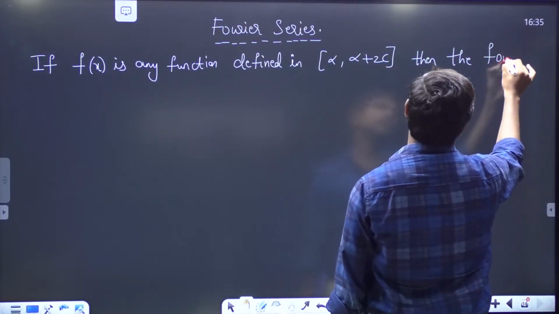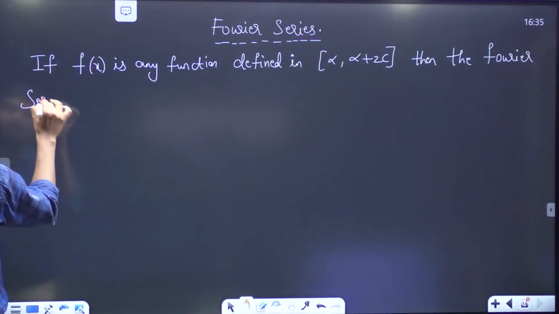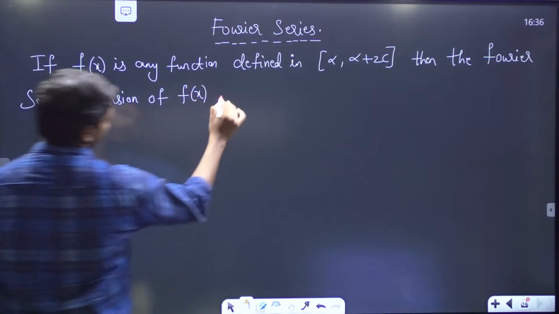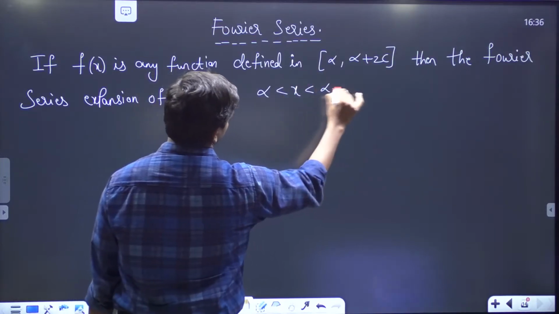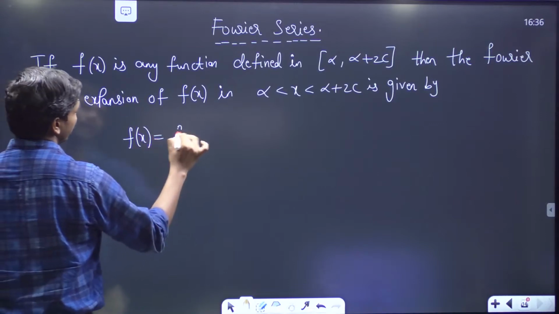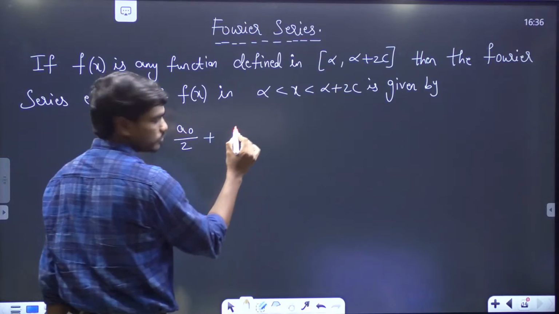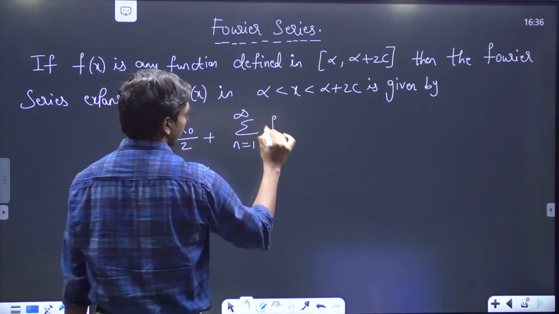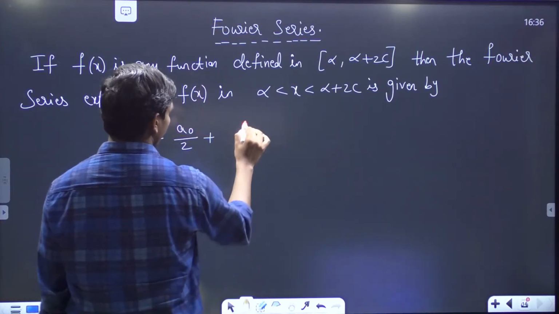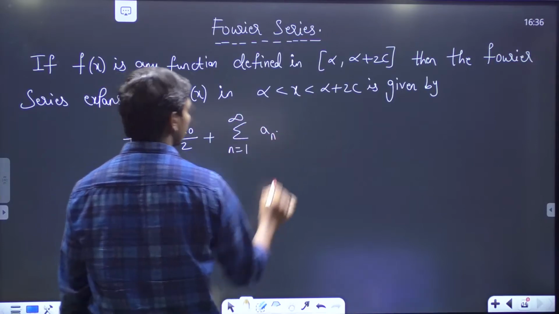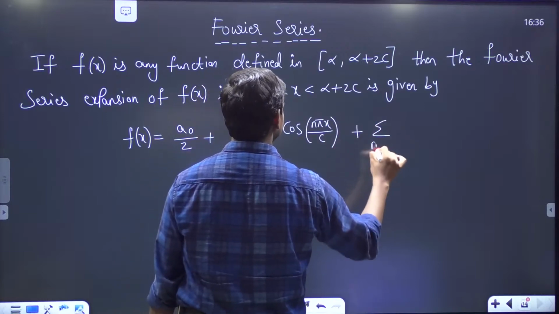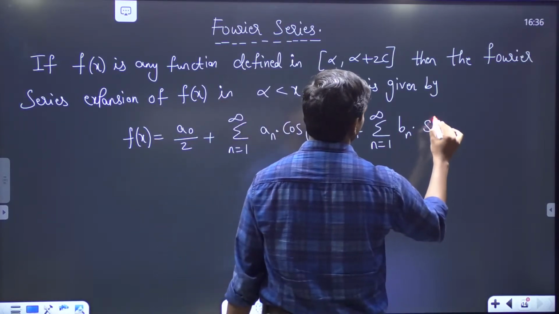Then the Fourier series expansion of f of x in alpha less than x less than alpha plus 2c is given by f of x is equal to a naught by 2 plus sigma n is equal to 1 to infinity an into cos n pi x by c plus sigma n is equal to 1 to infinity bn into sin n pi x by c.